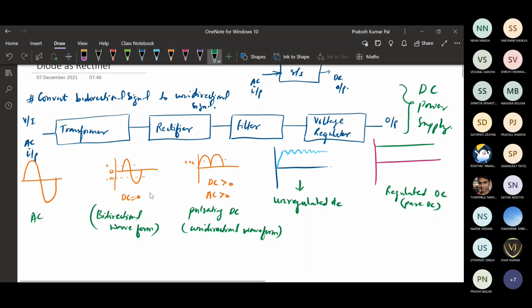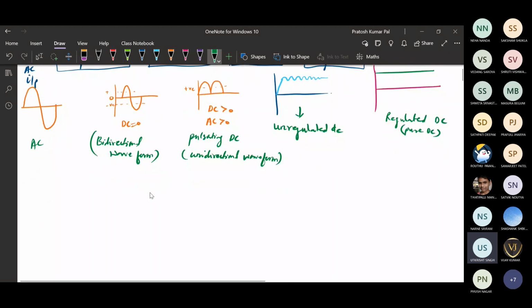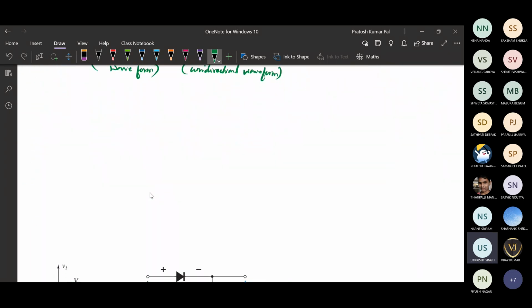Okay, so now in the rectifier we will see some points that we should be considering throughout the analysis. The first one is finding the average level of the output waveform. Suppose we are getting a voltage, so we will find out its average value.